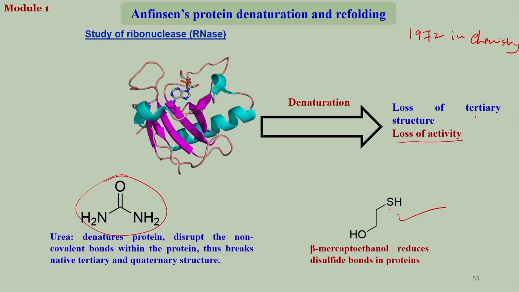So, very simple reagent, structure is very simple. What it does is that it is an anti-redox reagent; I mean, it undoes the process of the disulfide bond formation.